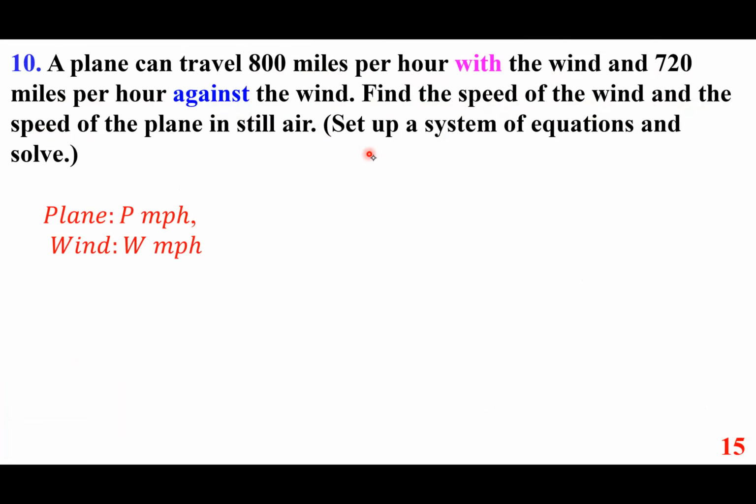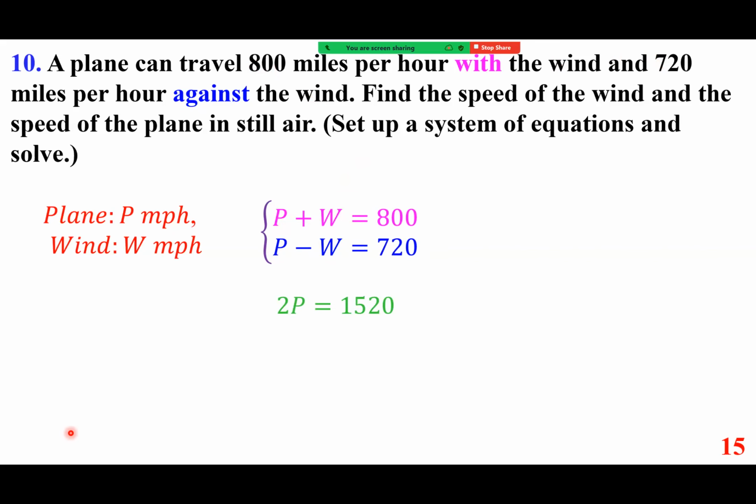So with that being the case, when we go with the same direction as the wind or current, the speed of the wind and the current will help us, and against it will work against us. So this would be P plus W, this would be P minus W. And there's really not much you have to do, just add them up. These two cancel each other. 2P equals 1520.